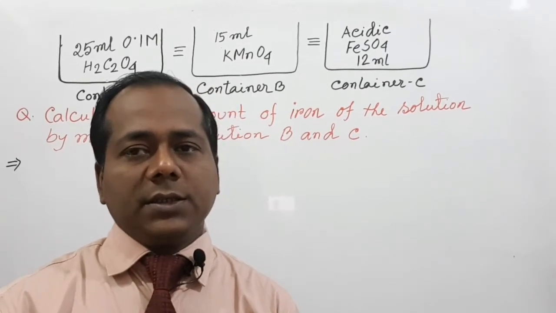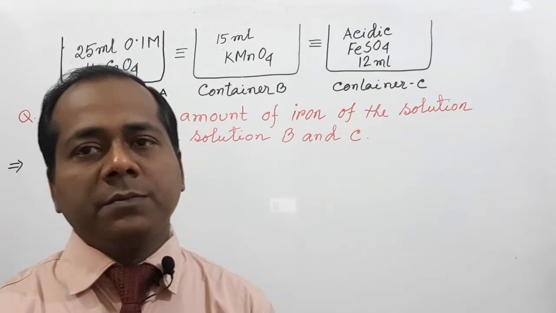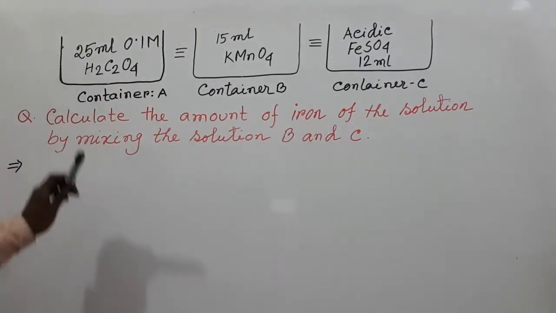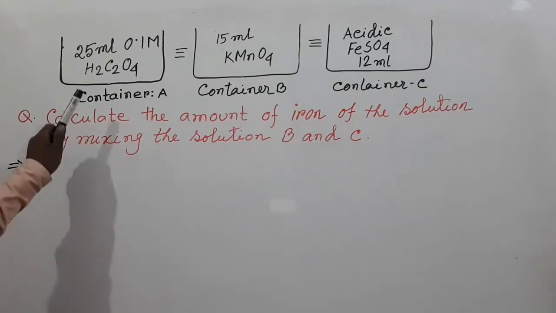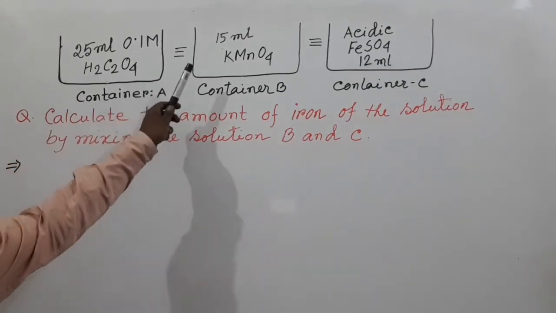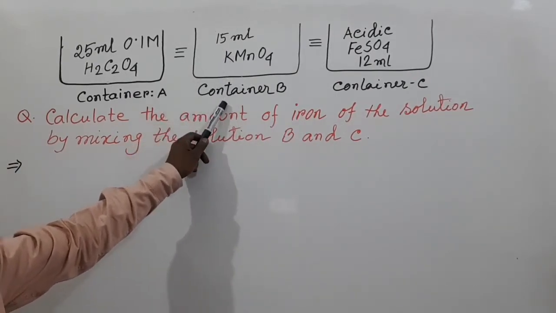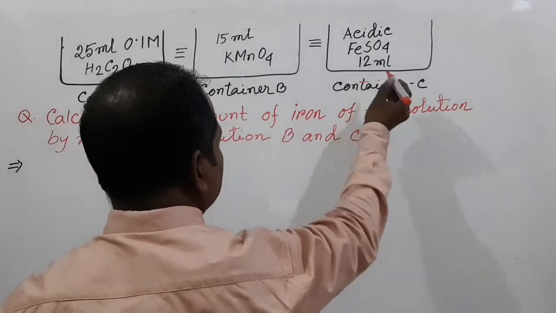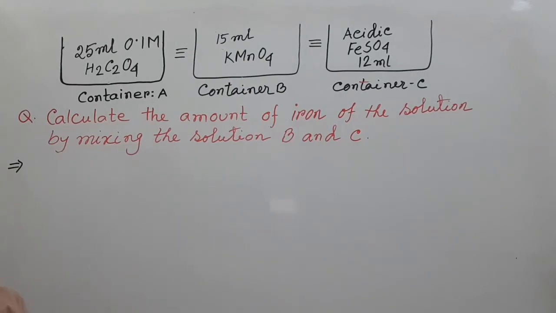My dear students, now we solve our second mathematical problem. Here given in container A, 25 ml 0.1 molar oxalic acid, in container B 15 ml potassium permanganate, and in container C 12 ml acidic ferrous sulfate.